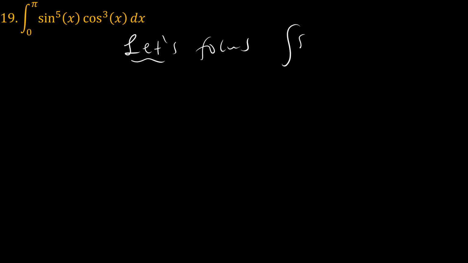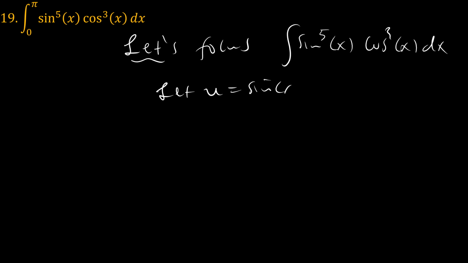The definite integral from x equals 0 to x equals pi of sine to the fifth x times cosine 3x. Now, let's just focus on the indefinite. Let u be equal to sine of x, meaning that du/dx is equal to cosine of x.